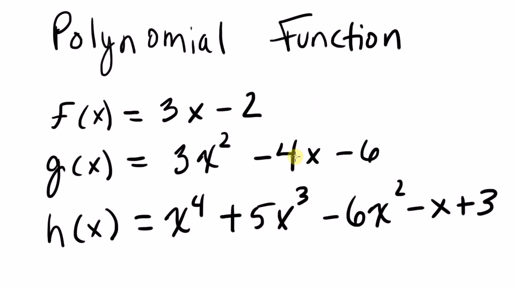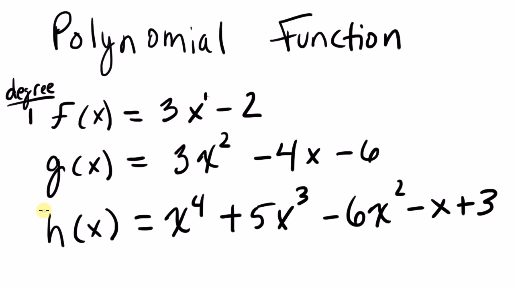The degree of each of these functions, so I'll just make a little table here, degree. Hopefully you've already gone over this or remember it from a previous lesson, but the highest exponential power in f of x equals 3x minus 2 is x to the first power.